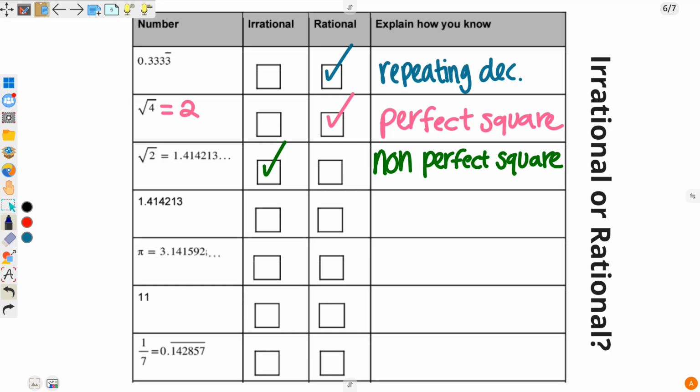No. So this one is rational because it's a terminating decimal. It ends after that 3. That's it. It stops there.